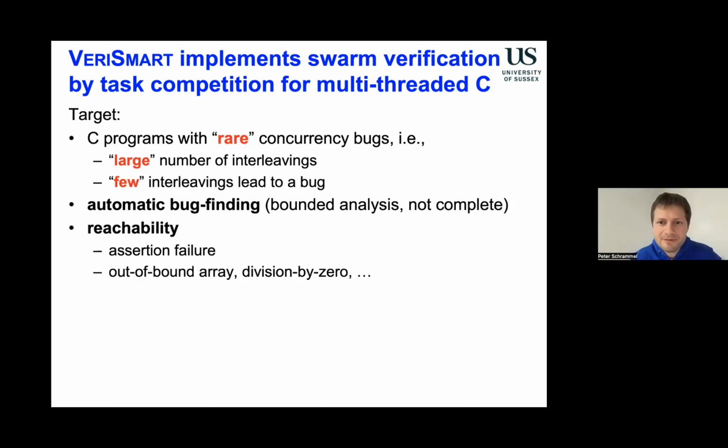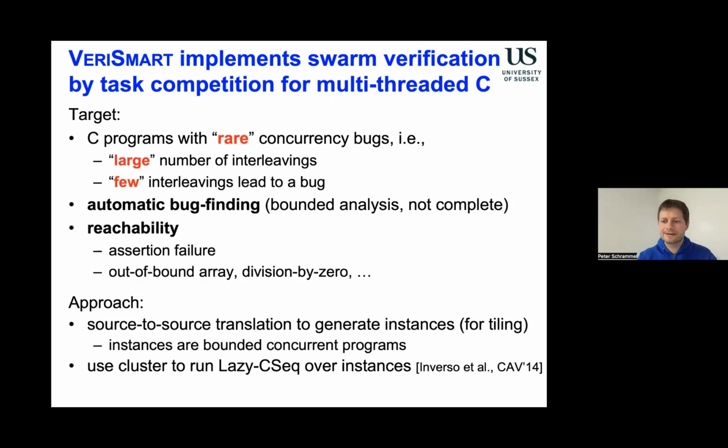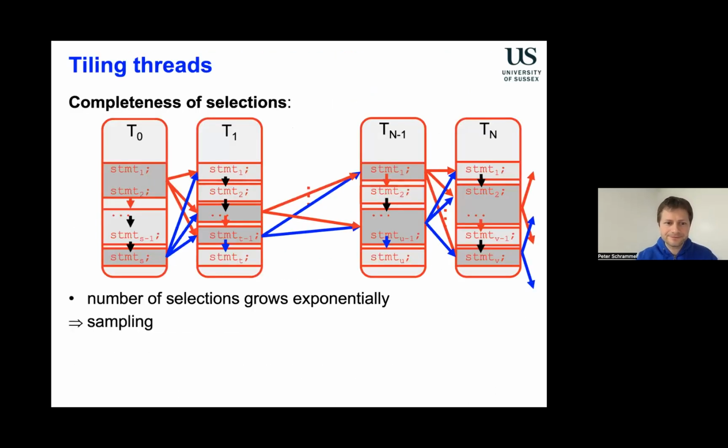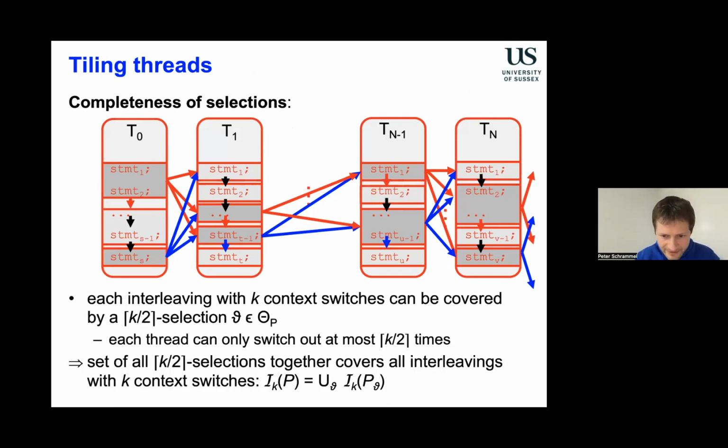So the tasks that we parallelize are these P data. These are the restrictions of the programs where we have reduced the number of interleavings by this tile construction.